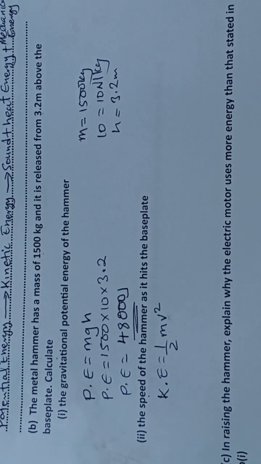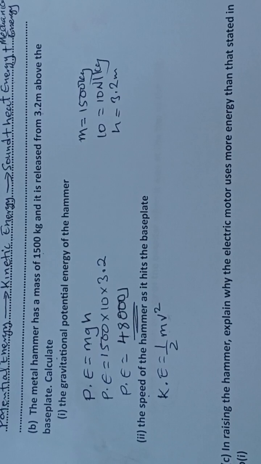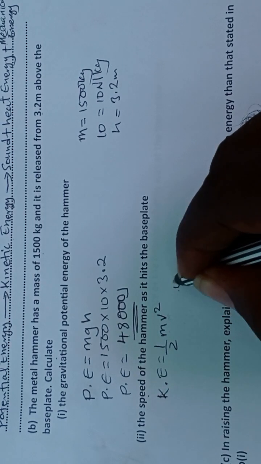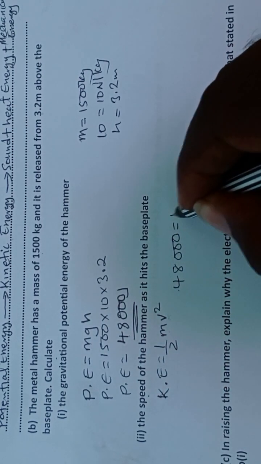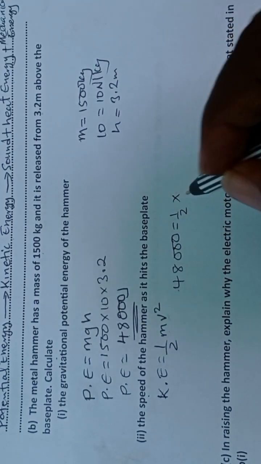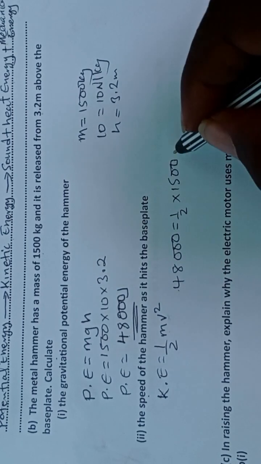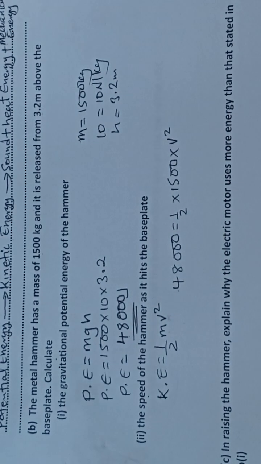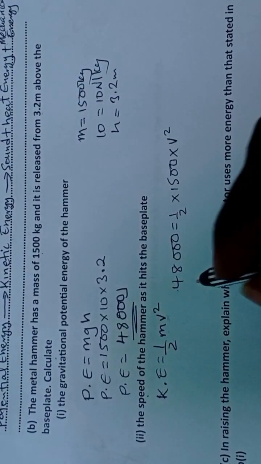So kinetic energy we have, according to energy conservation. So 48,000 is equal to 1/2 times mass, 1,500, times v squared.